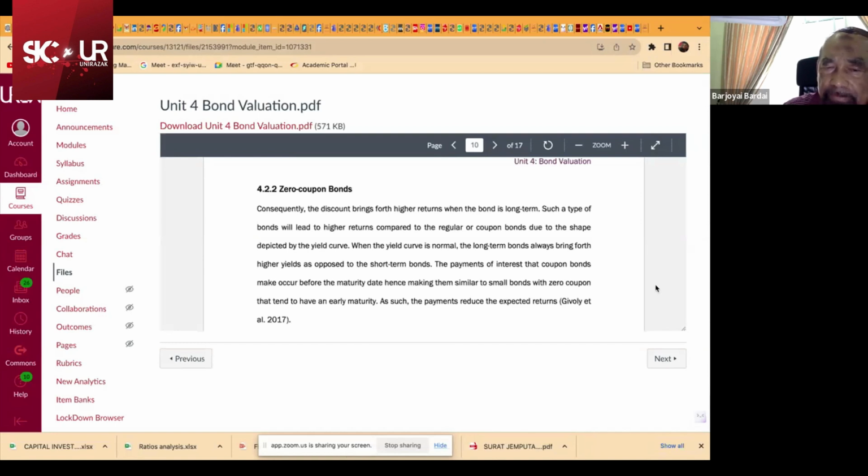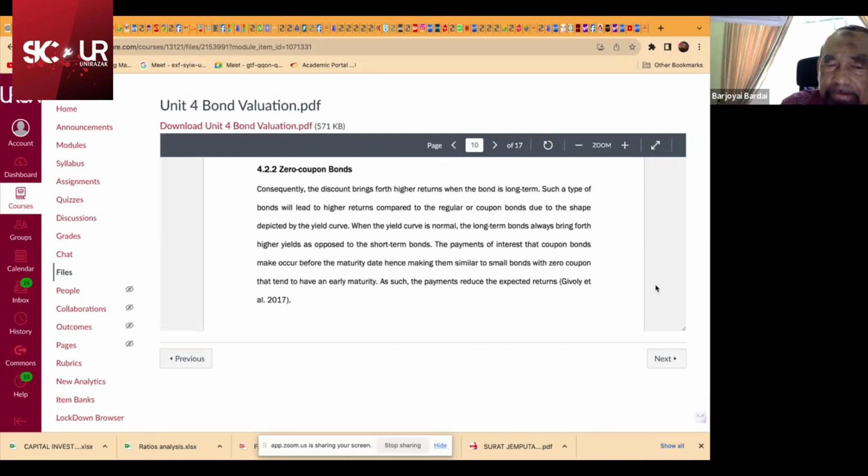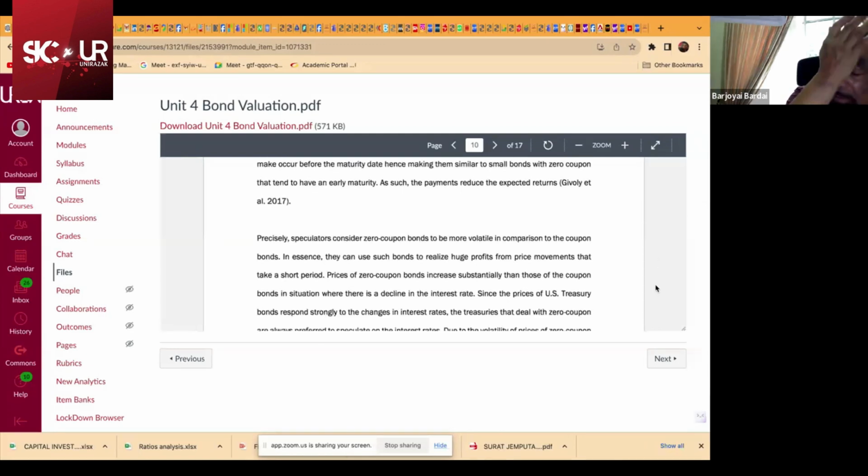As such, the payment reduces the expected return. Precisely, speculators consider the zero coupon bond to be more volatile in comparison to the coupon bond.